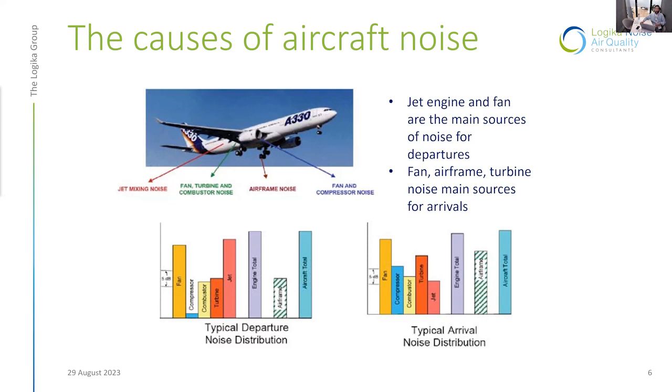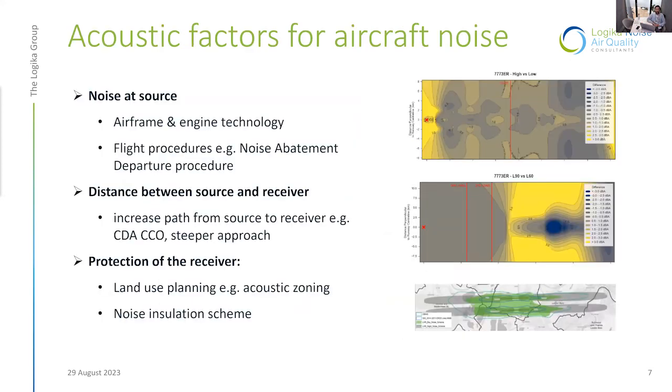These are acoustic factors, together with other factors that we need to take into account when we consider aircraft noise: the noise at source, engine technology, and flight procedures, meaning the way the engines are used during operations. Whether an engine is used at full thrust or reduced thrust can generate different levels of noise.